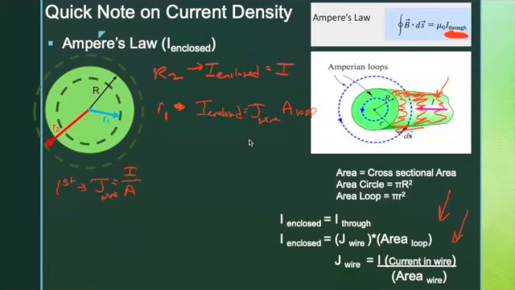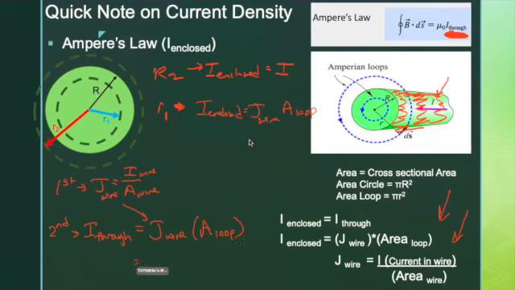And we do that by taking the total current in the wire, dividing it by the area of the wire. Then once we have that second term, we can now calculate our I enclosed, or I through the Amperian loop. And that's just going to be the current density of the wire, which we just calculated, but now times the area of our loop.